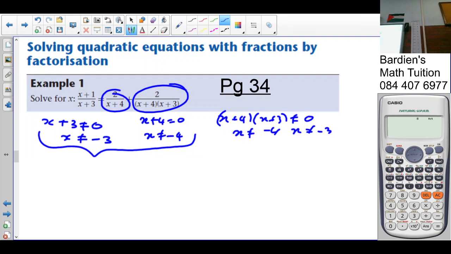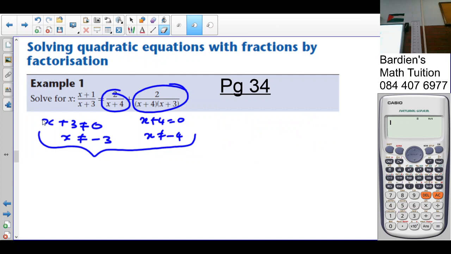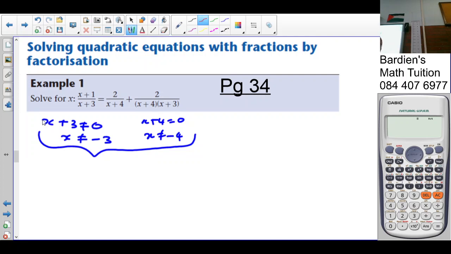Okay? So when we solve the sum, normally what we do first is write down the LCM. The first thing we do, before even writing down the LCM, is check if the denominator can factorize. So make a note there.